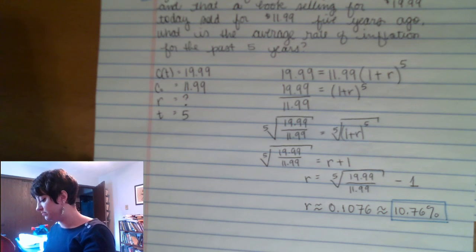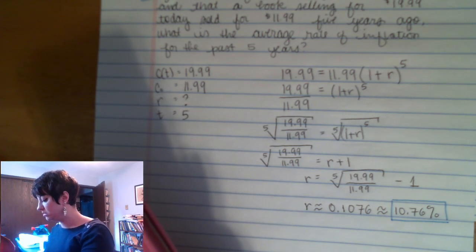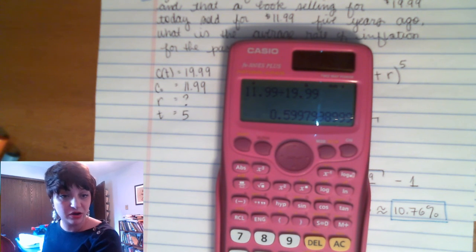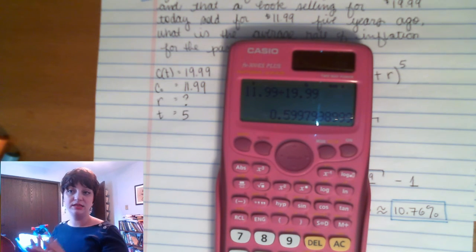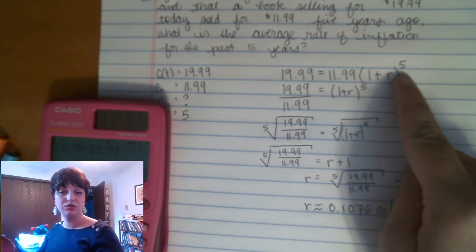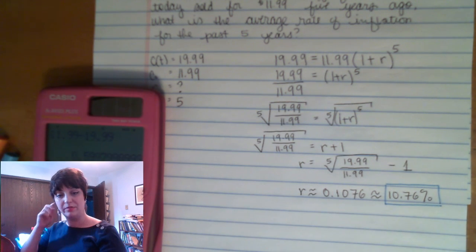Now, when I look at this, $11.99 is about 60% of $19.99. So I had a 60% increase, right? But this was over 5 years, so that gives me an average yearly increase of about 10%.